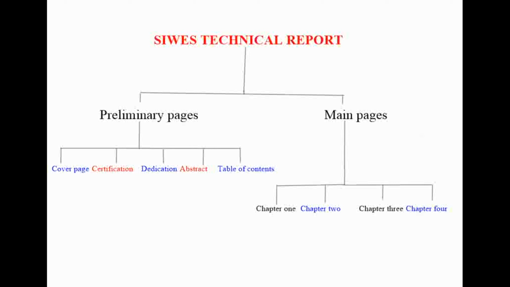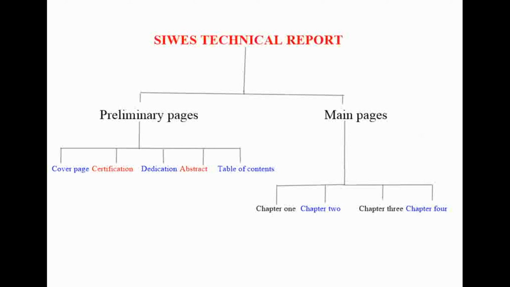In chapter 2, you have the different departments in your place of attachment. You also have the tools, machines, machineries, and equipment you were exposed to during the course of the training. Chapter 3 is the main work, where you share all the experience you gained during the industrial training. It houses all the nature of work you engaged in during your training.